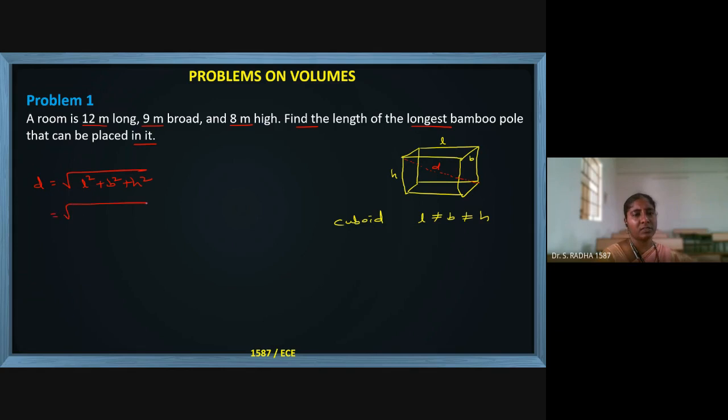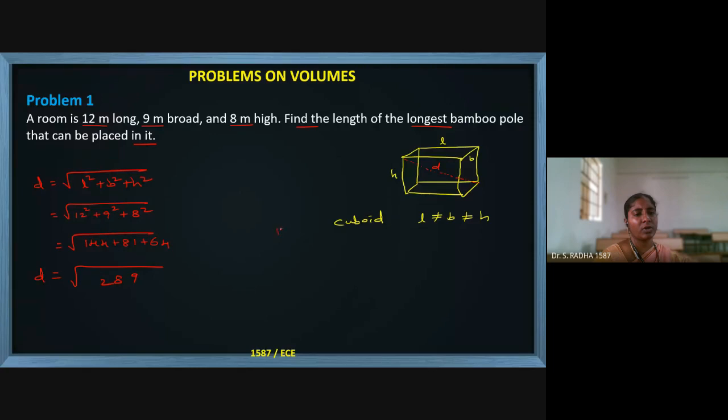So now this is 12 square, 9 square, and 8 square. And it becomes 144 plus 81 plus 64. Add them, and it becomes 289. Square root of 289.